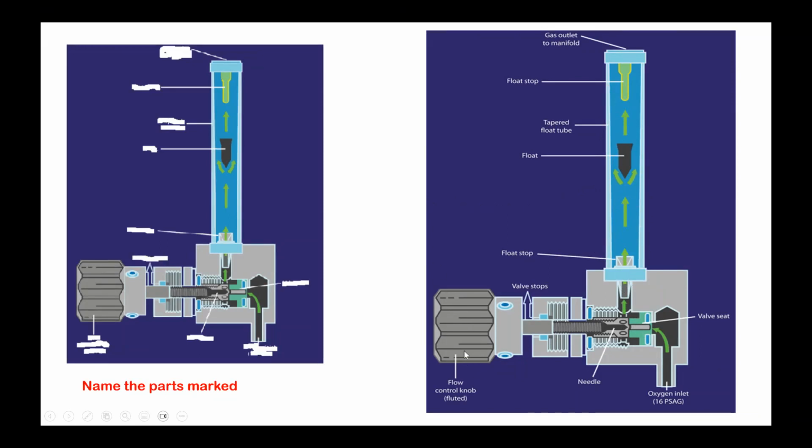So remember, flow control knob, needle valve, inlet for oxygen, valve stop to prevent complete flushing of the knob to this portion of the machine, and float stops on both top and bottom, and this is the float or the bobbin, and you can see gases flow around the bobbin, and when there are skirts in that it starts rotating, and the tube gradually becomes broader from bottom to top.